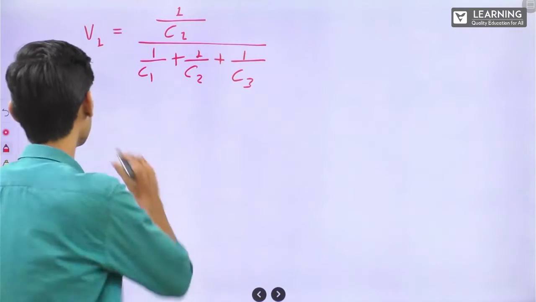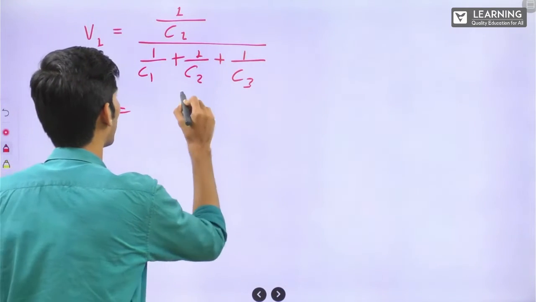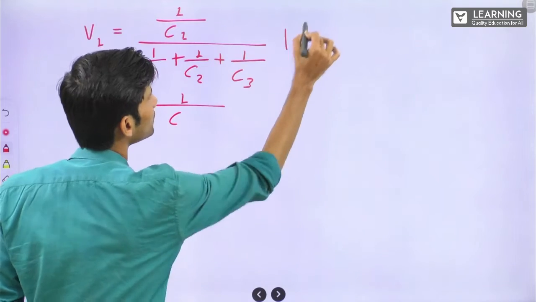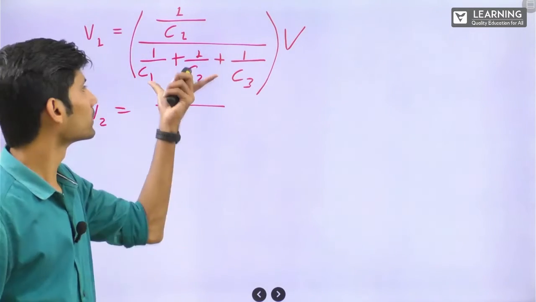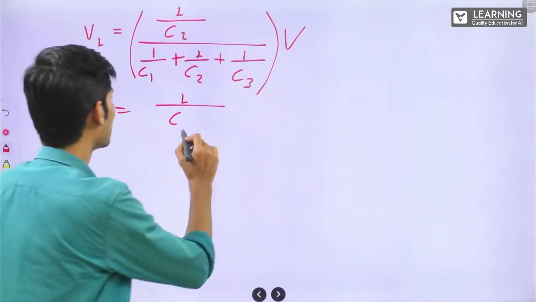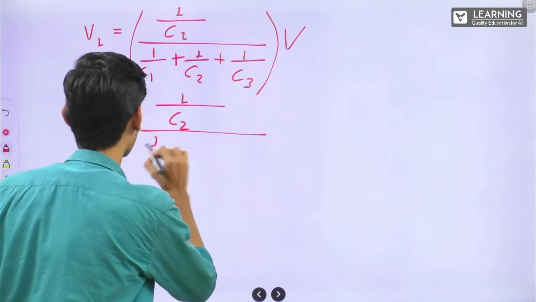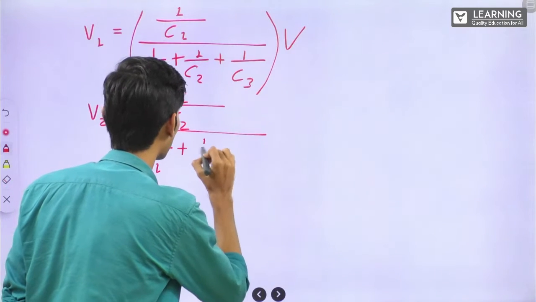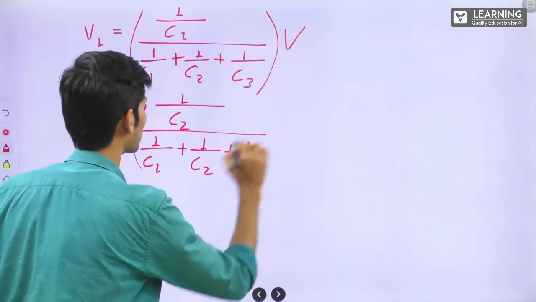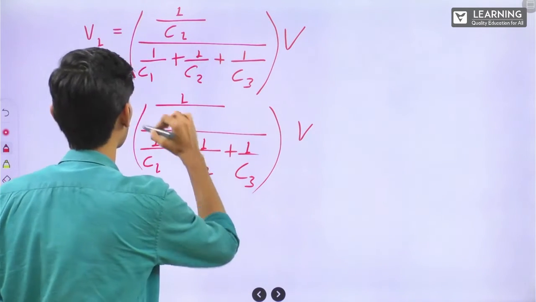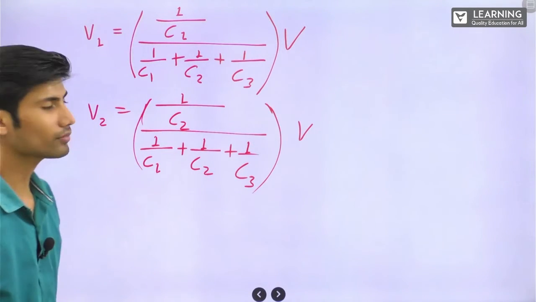Clear? V2 is 1 upon C2 divided by 1 upon C1 plus 1 upon C2 plus 1 upon C3, this many times of V. Clear?